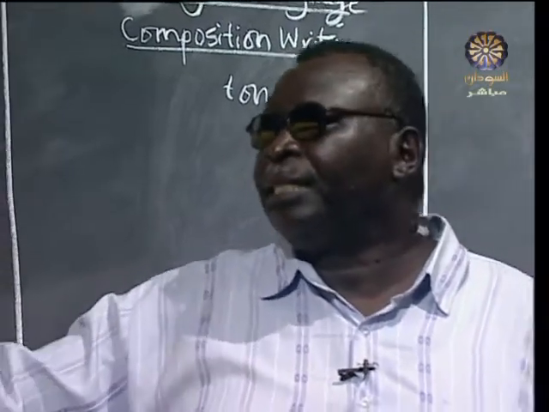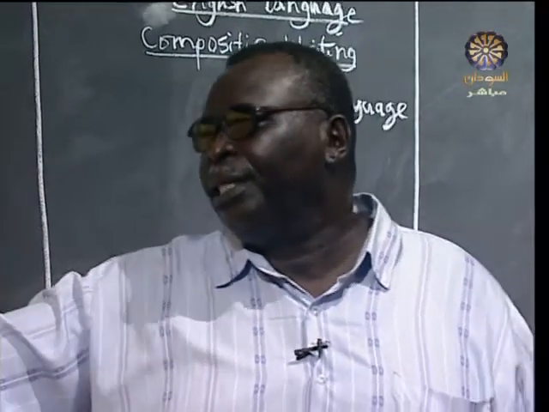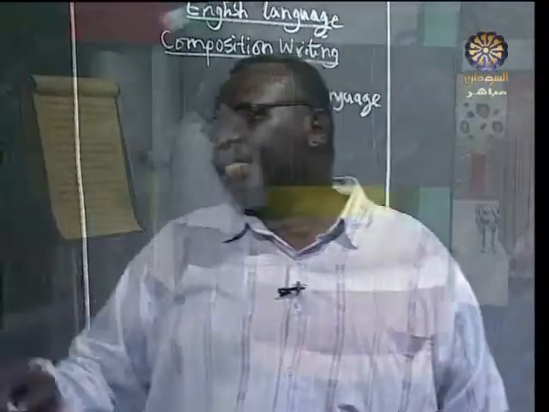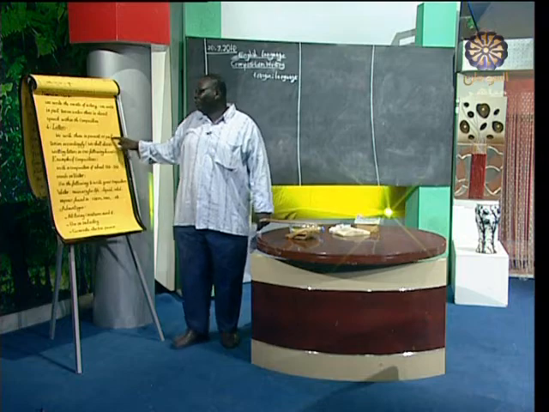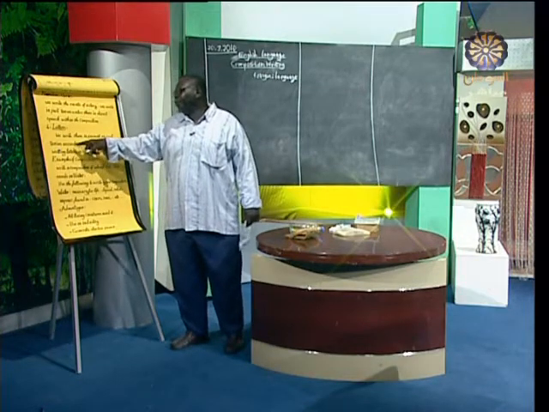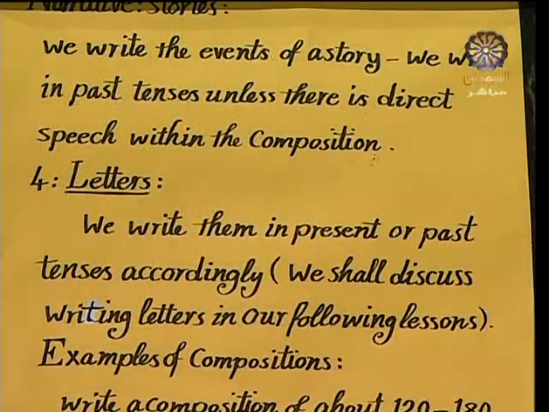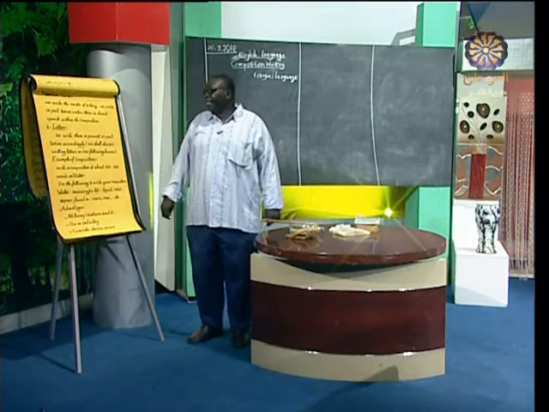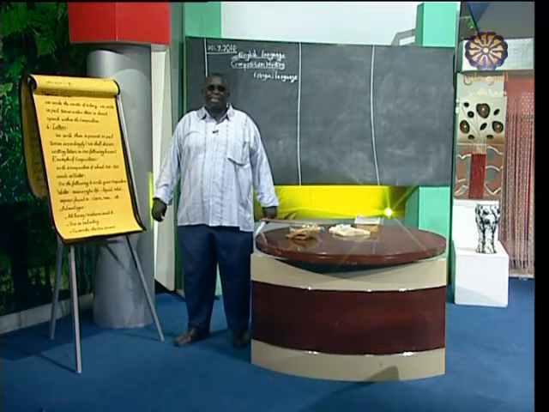Then we come to the last kind of composition, which is called letters. We write the letters in present or past tenses accordingly. By accordingly, we mean, suppose I want to write a letter to my friend so-and-so, telling him about my visit to a certain place. In this case, I'm going to use the past tenses.